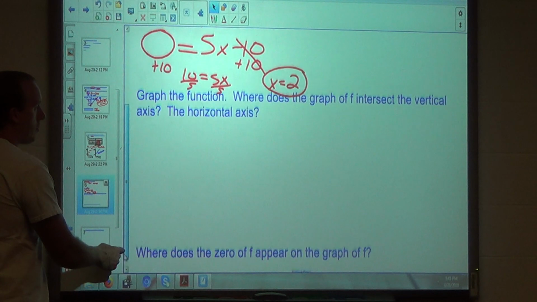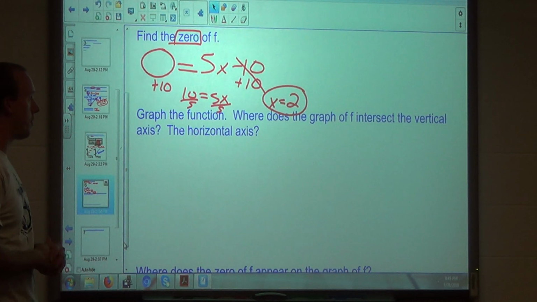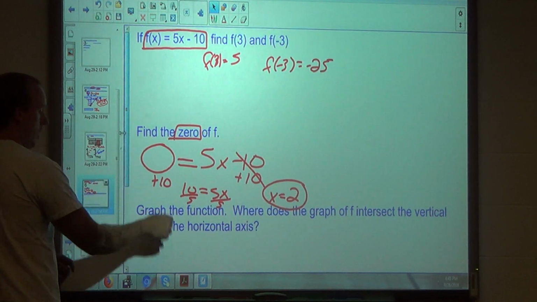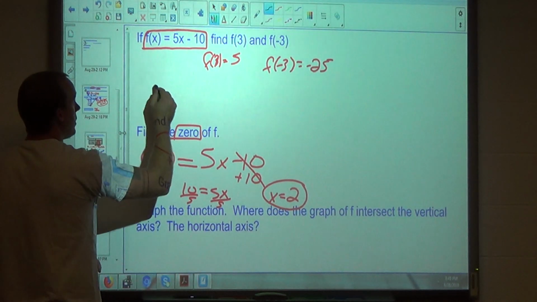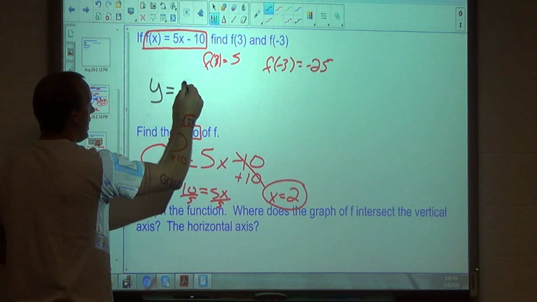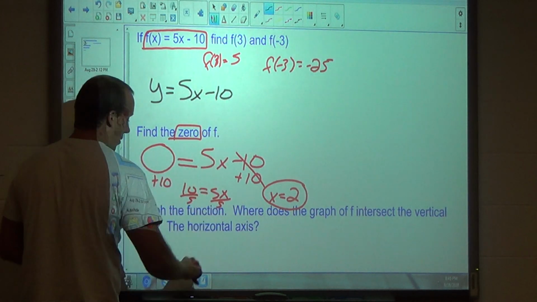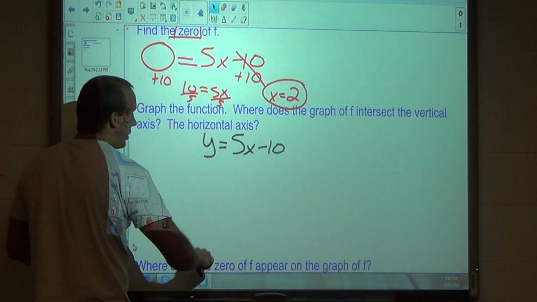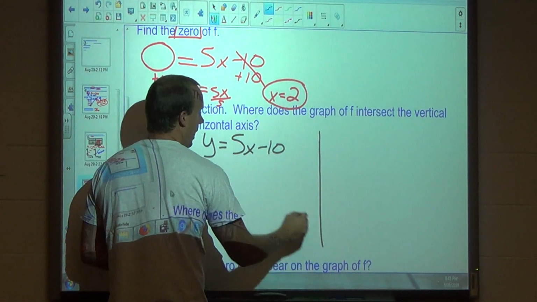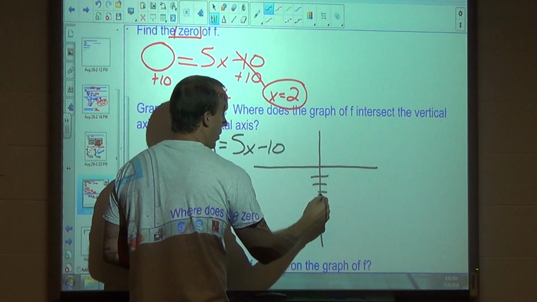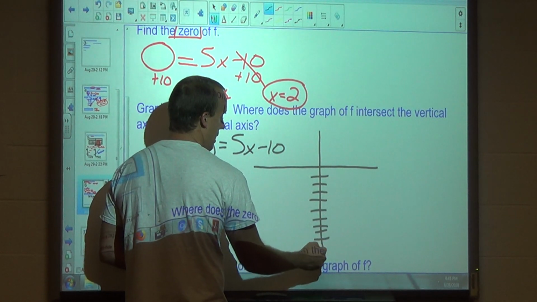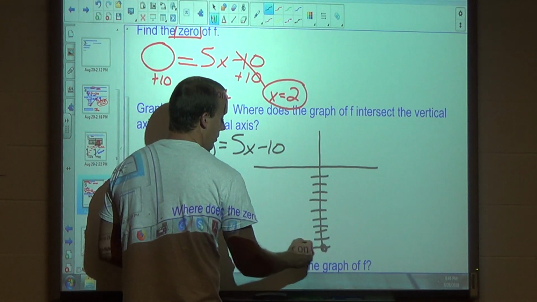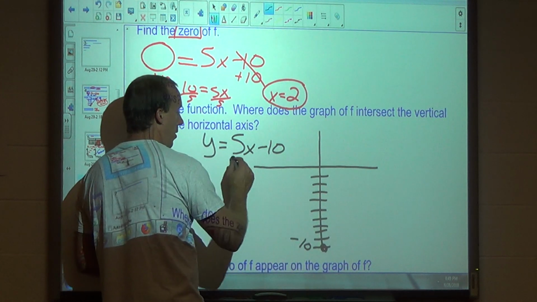Alright, another question here says graph the function. So, again, you guys know how to graph. So what is f of x the same as? A y, so it's like y equals 5x minus 10. Okay, so you'll graph a little bit today probably. So what's my y-intercept? 1, 2, 3, 4, 5, 6, 7, 8, 9, 10. -10, and what is my slope?